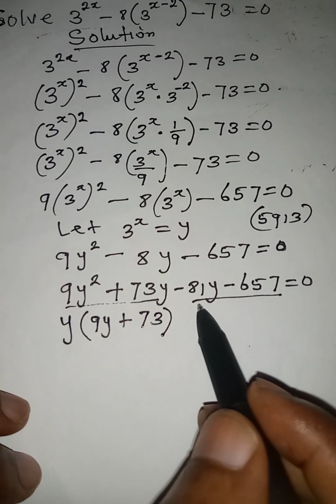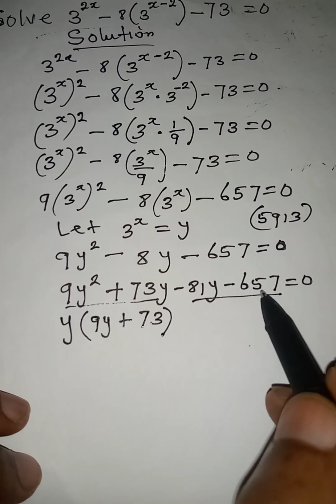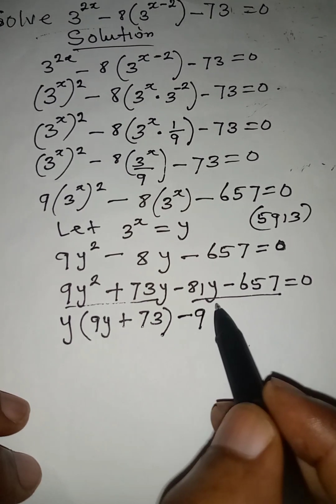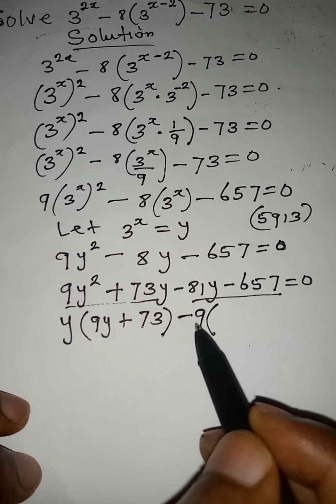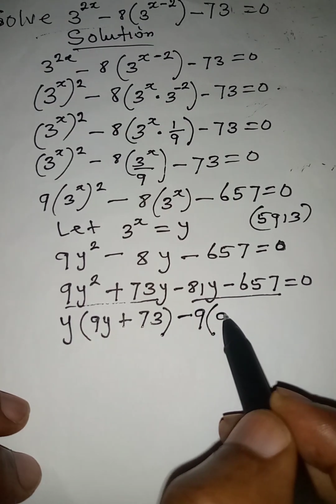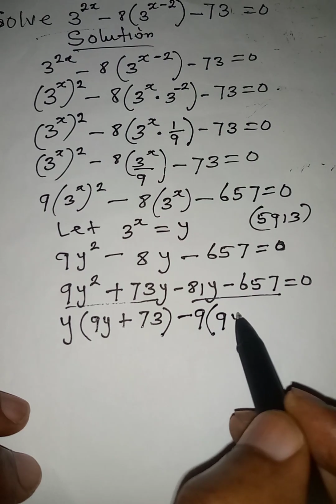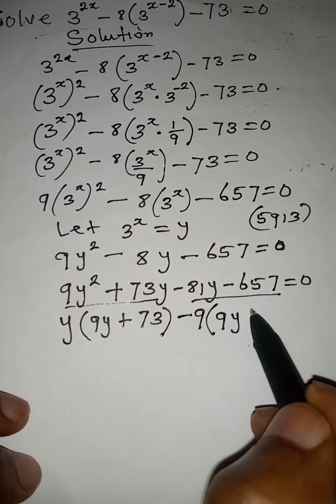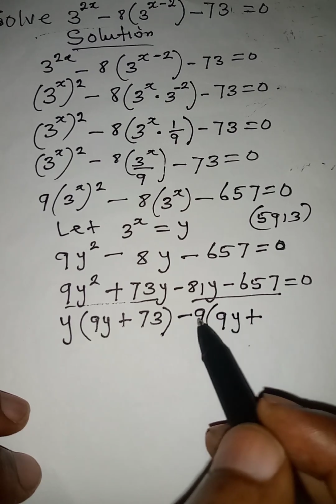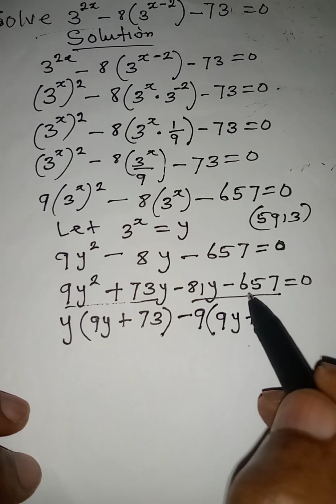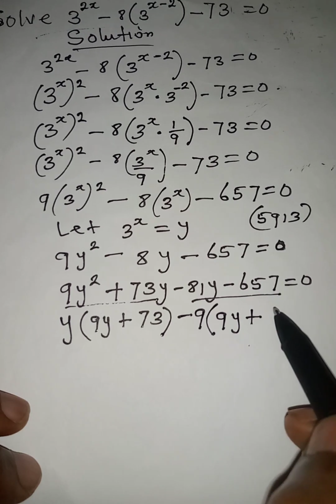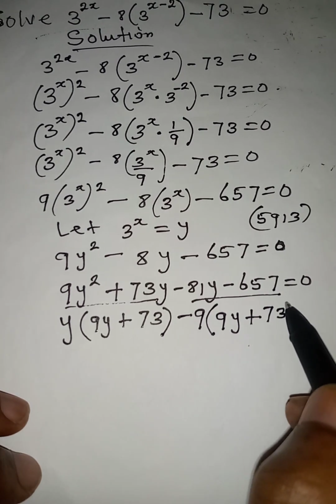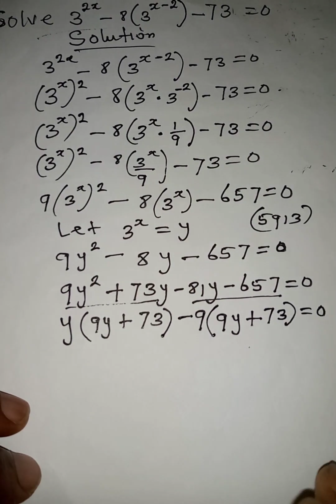We don't have 81 common to both of them, so I'll just pick minus 9 as the factor, because 9 can go into 81 to give us 9, and then the y will still appear. Because of this negative, we're going to have positive here. Then 9 into 657 will give me 73, and everything is equal to 0.